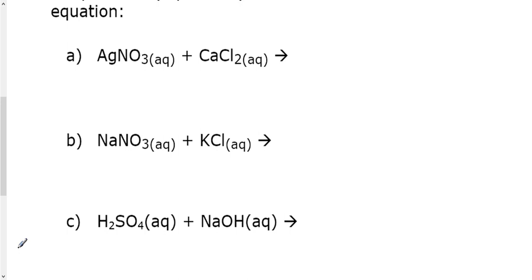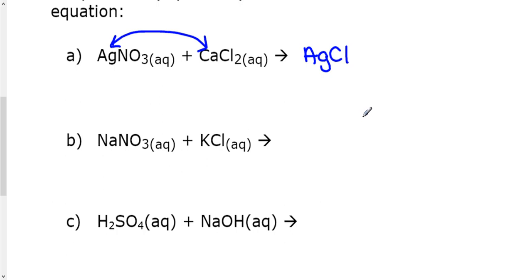All right, welcome back. Hopefully you tried some of those examples yourself. So now what we're going to do is look at what our products are going to be and see if there's a reaction taking place. So double displacement, remember, means the first two are going to switch places. So that means silver is going to go with chlorine and make silver chloride.